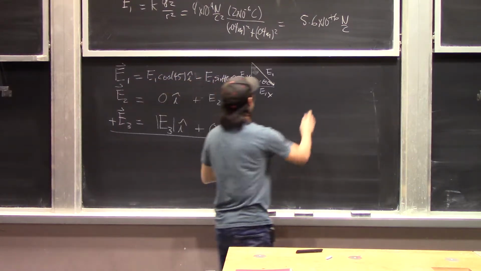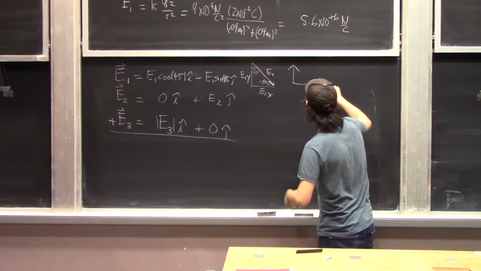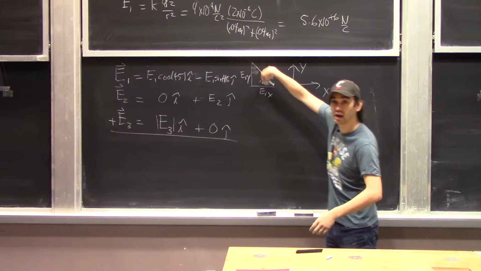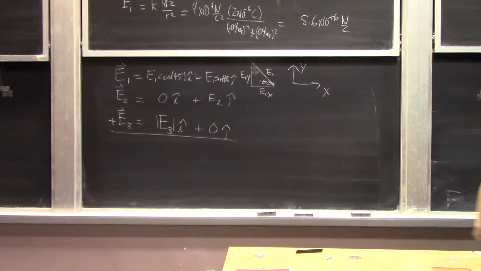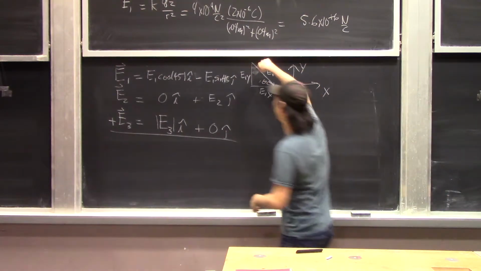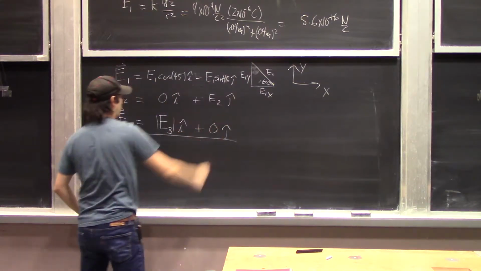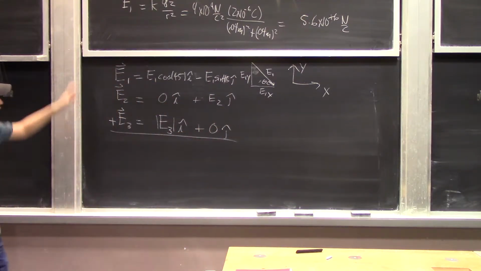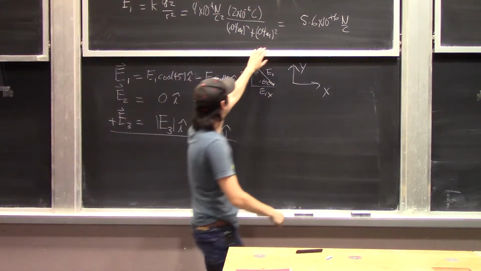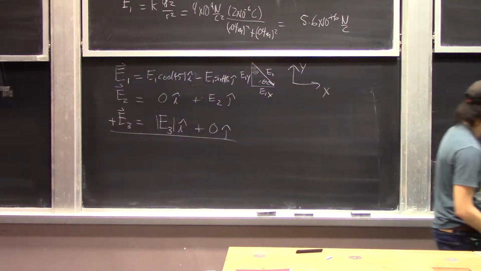And the reason this should be negative is because when we look at our coordinate system, this is going down this way, right? And so because this is pointing down, it's in the negative y direction, okay? So now everything looks okay, and the other one was correct in the first place.